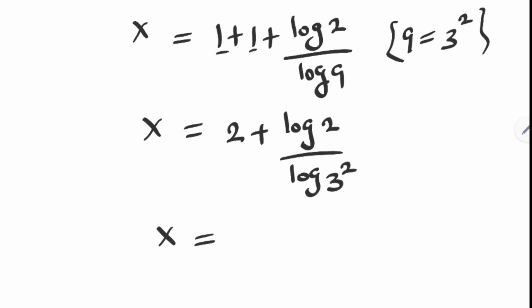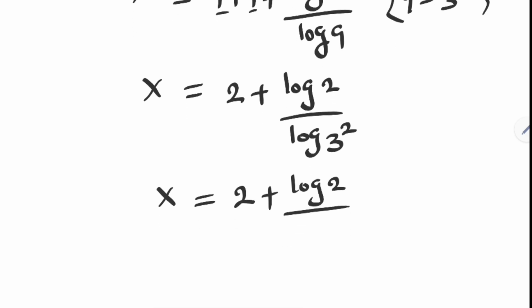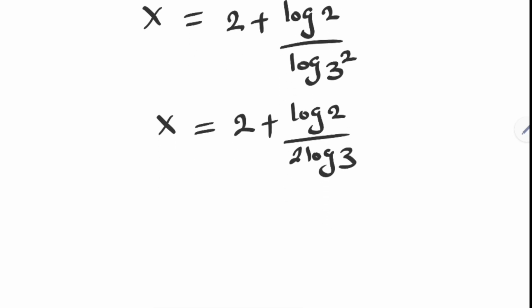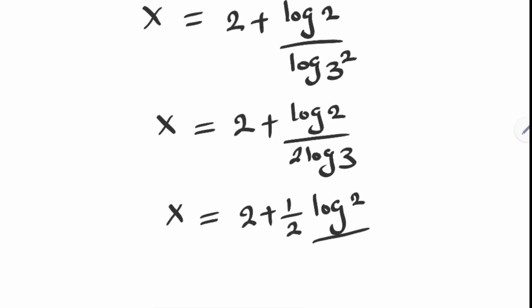x is equal to 2 plus log 2 over log 3 squared, which can be written as 2 log 3. x is equal to 2 plus 1 over 2 log 2 over log 3.